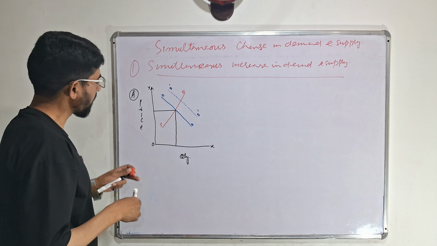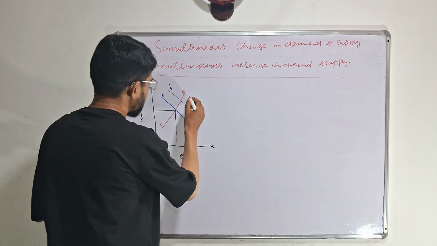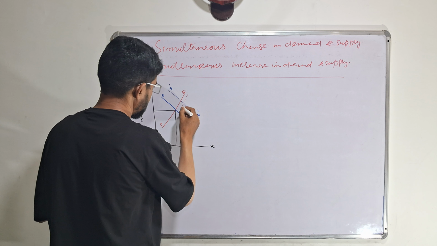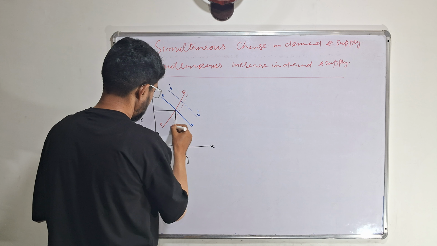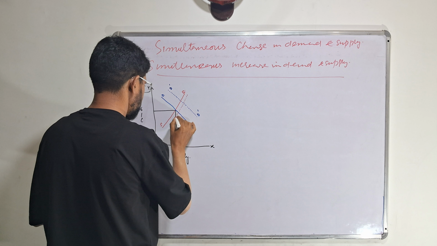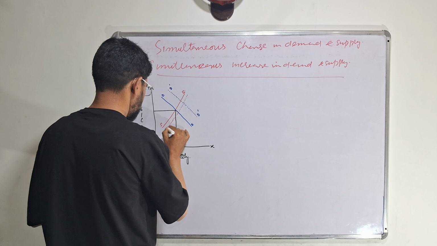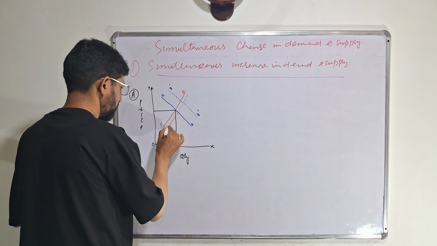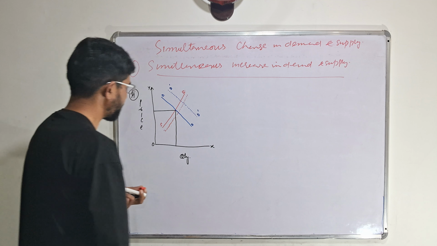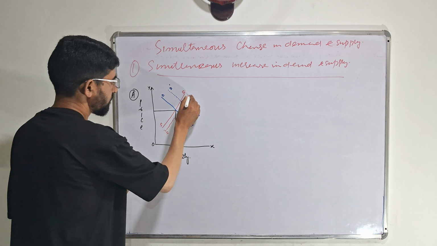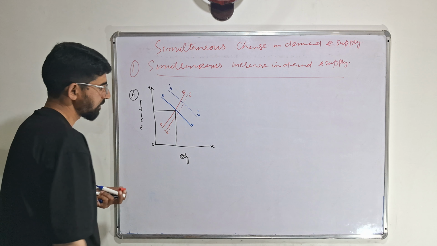Now I will change supply, SS to supply curve SS dash.